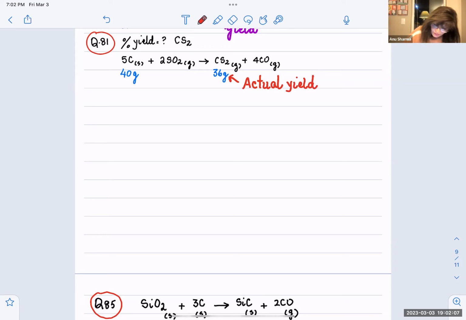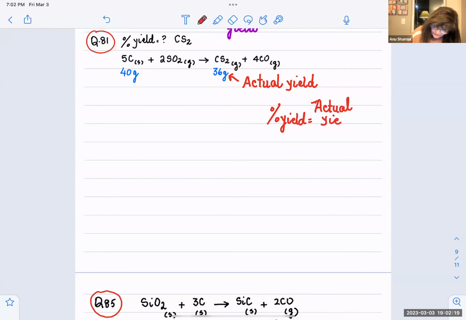And the formula is percentage yield is equal to the actual yield over theoretical yield times 100%.